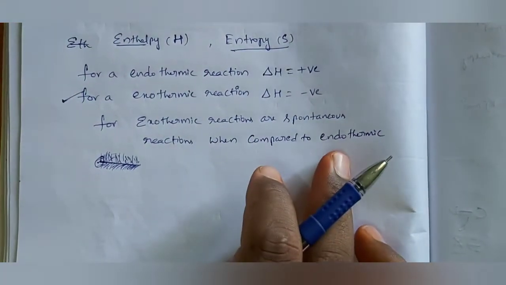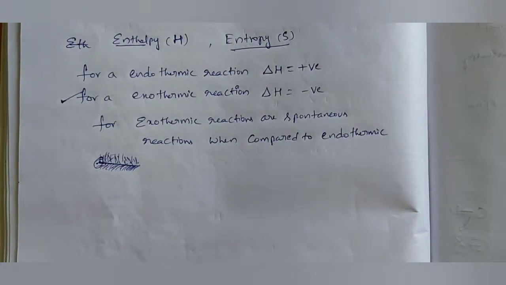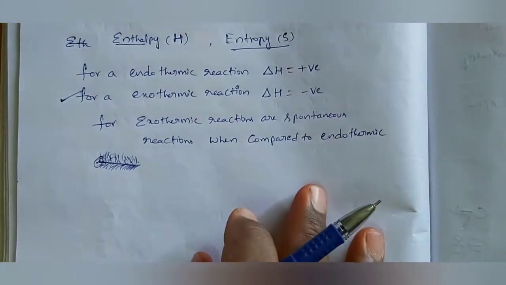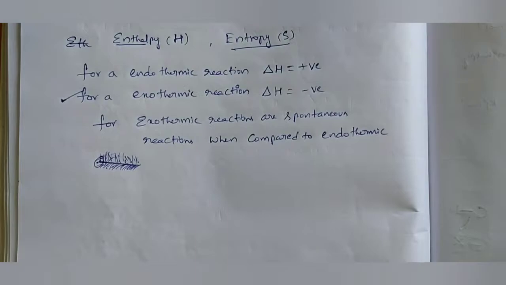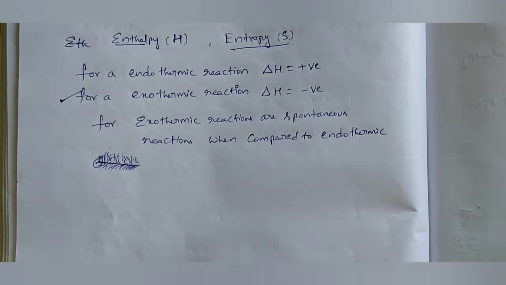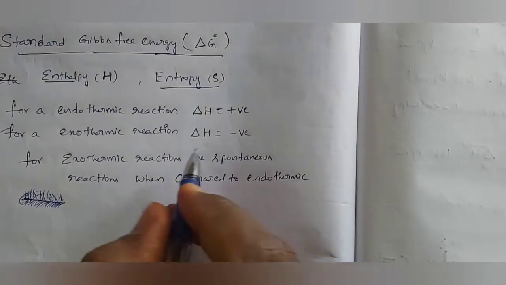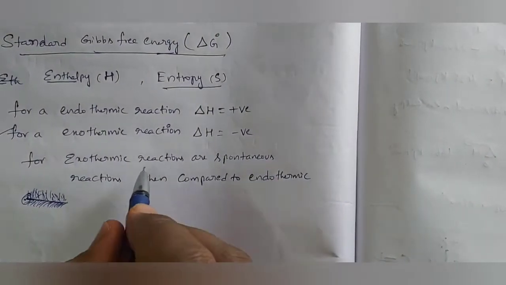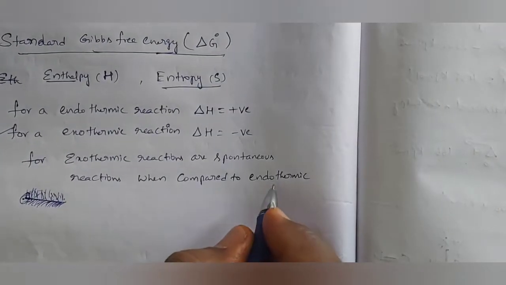But for endothermic reactions, up to the completion of the reaction, we have to keep on supplying energy. That's why those are less spontaneous when compared to exothermic reactions. So we can write that exothermic reactions are spontaneous reactions when compared to endothermic reactions.